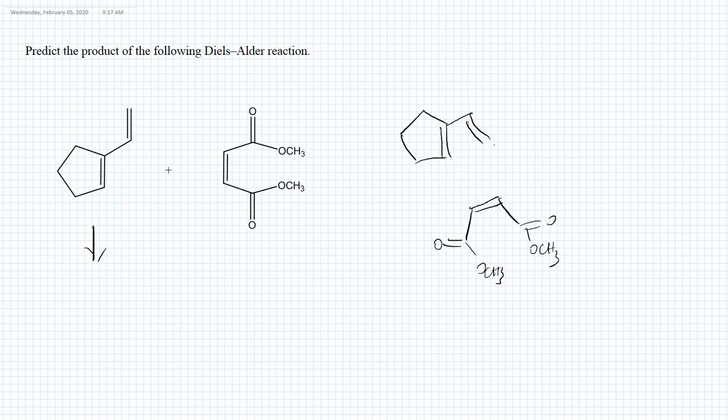Then I'm going to use a different color to predict the new bond formation between diene and dienophile. As you know, it's always easier to number the diene and dienophile so that we can track the newly formed bonds. So let's start from the diene. Let's number from this end 1, 2, 3, and 4.